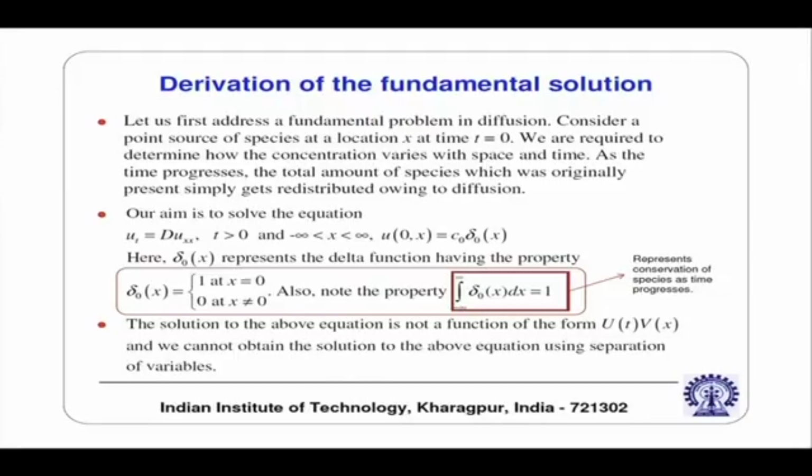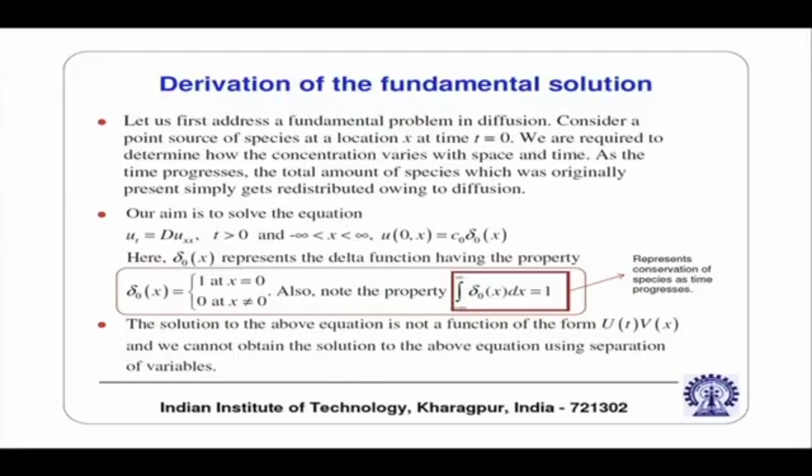So, this is one important aspect of the delta function. The other important aspect is that the integral of delta_0(x) from minus infinity to infinity is equal to 1. This is one important property of the Dirac delta function.